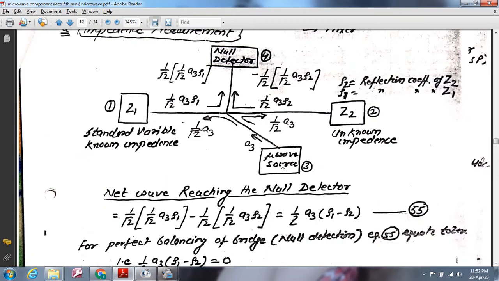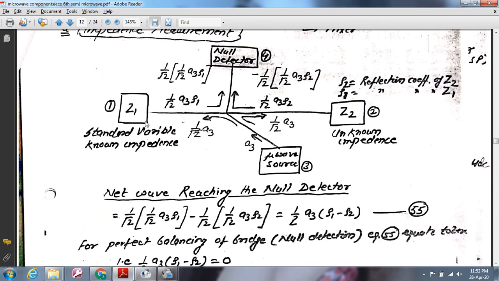So from 3 to 1 power is A3 by root 2, and from 3 to 2 power is A3 by root 2. Now if we consider the reflection coefficient of Z2 is rho 2, and the reflection coefficient for this standard variable known impedance is rho 1.